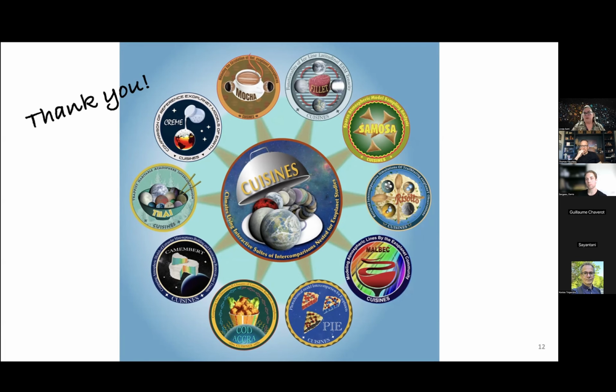And the purpose of these research coordination networks really is to get people engaged across the community. For Nexus, CUISINES is the shining star. It is the example that comes up every time when people talk about the importance of organic collaborations built among the community. It is incredibly successful, as evidenced by the fact that we keep adding new model intercomparisons, and there are no dearth of ideas for going forward.